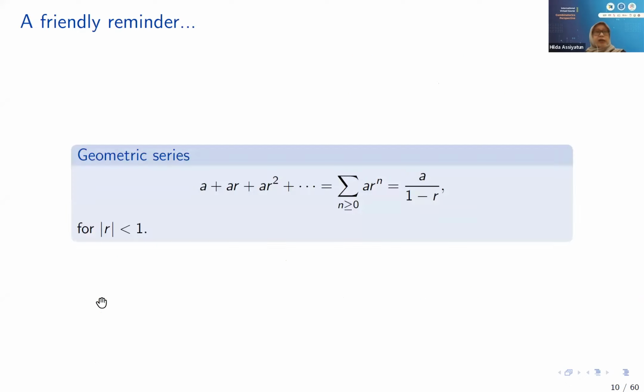But before that, I would like to remind you of these old friends, geometric series. We know this is the geometric series with ratio r, and this geometric series has the sum a over 1 minus r, if the absolute value of r is less than 1.